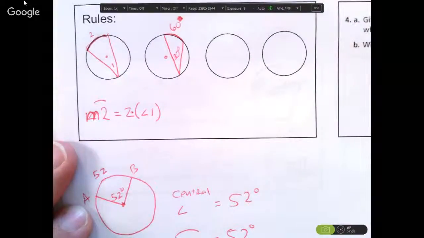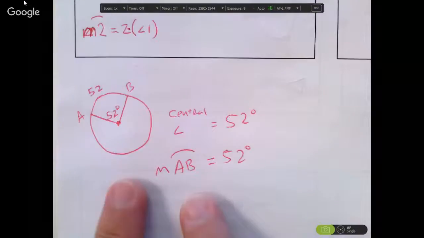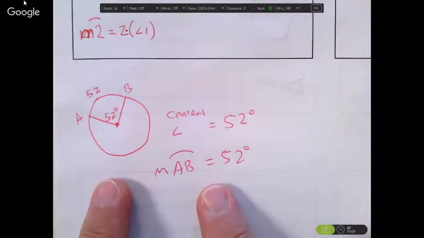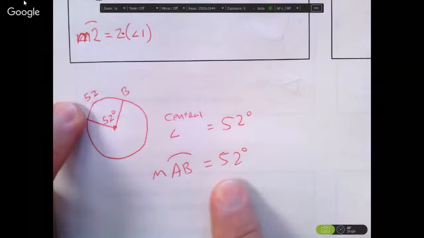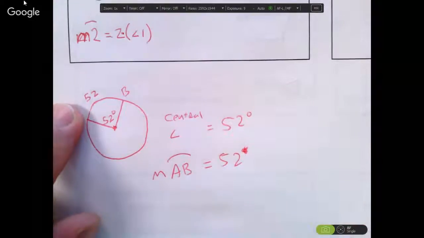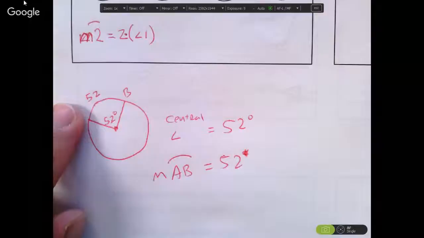What does that stand for though? Does it stand for the middle arm? Okay, so go back to this, guys. These mean the same thing. If I put 52 out here, they call that the arc degree, the measure of the arc. If I make an arc all the way around, it's 360.